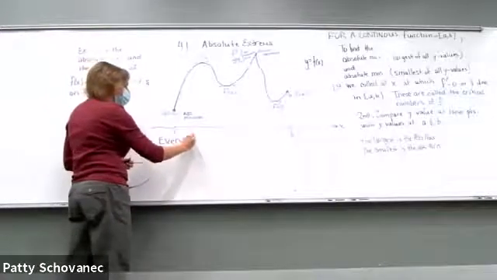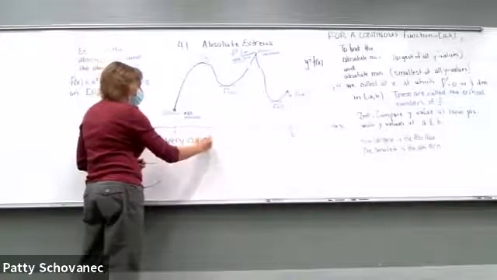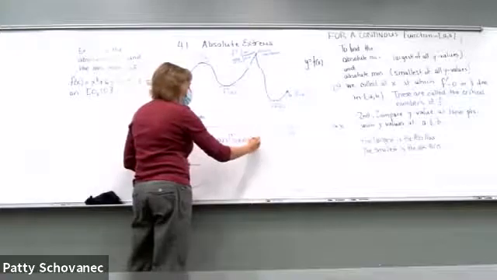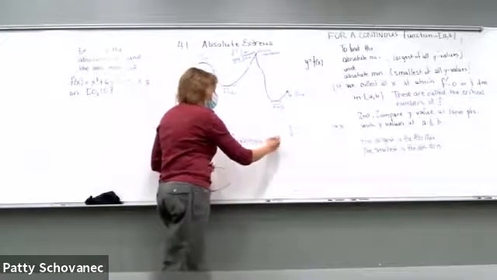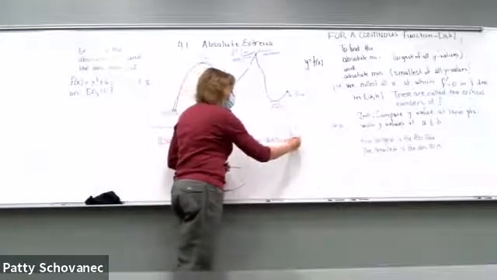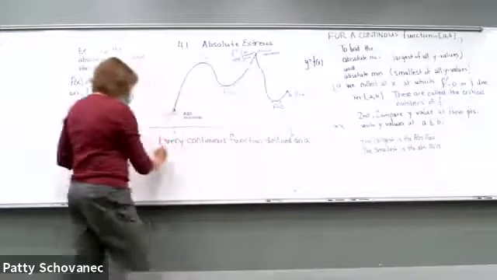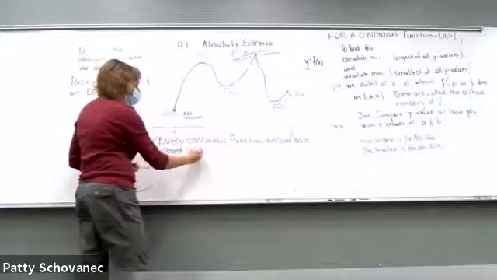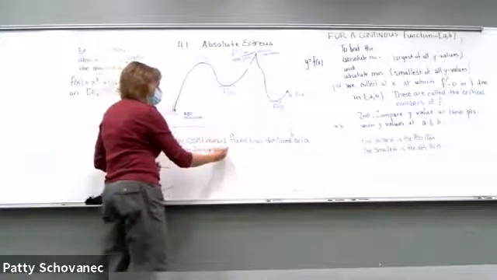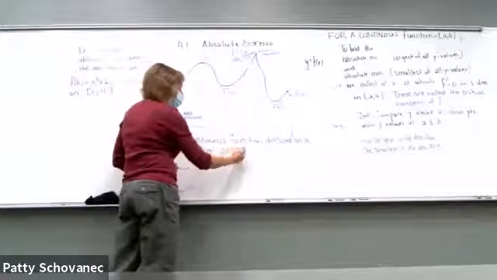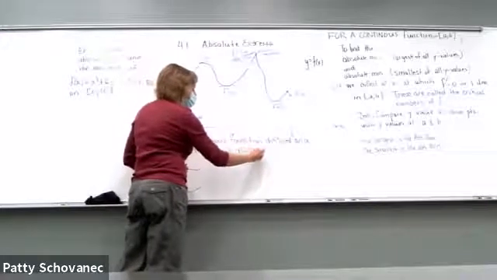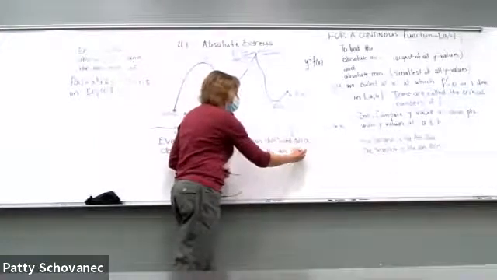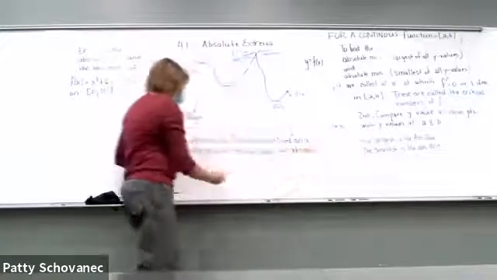Every continuous function defined on a closed interval will attain both an absolute maximum and an absolute minimum.